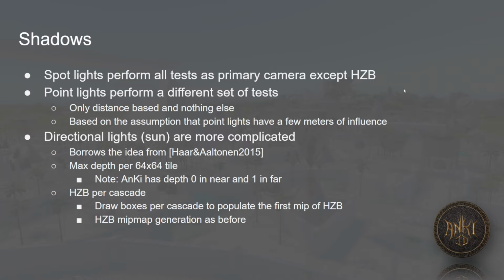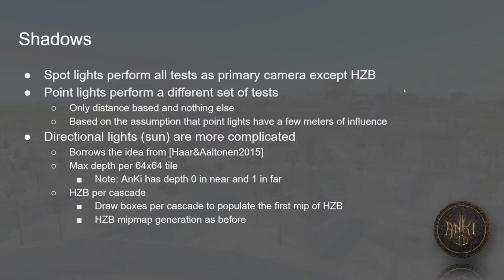Shadows are a little bit different from the main view visibility testing. Let's start with spotlights, which perform all tests, just like the primary view, except the hierarchical G-buffer test. Point lights are a little bit different though. The only test is a distance-based one, so testing the sphere of the light against the sphere of the renderable objects.